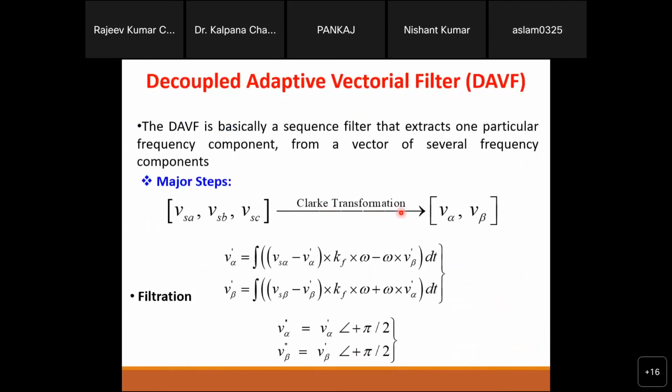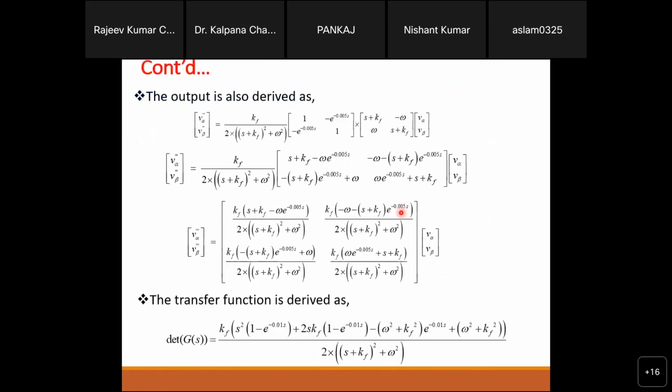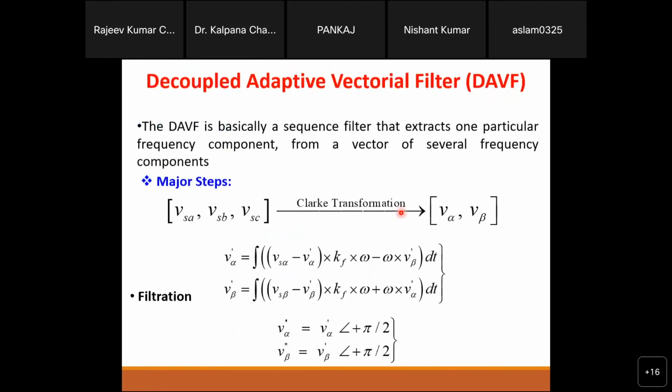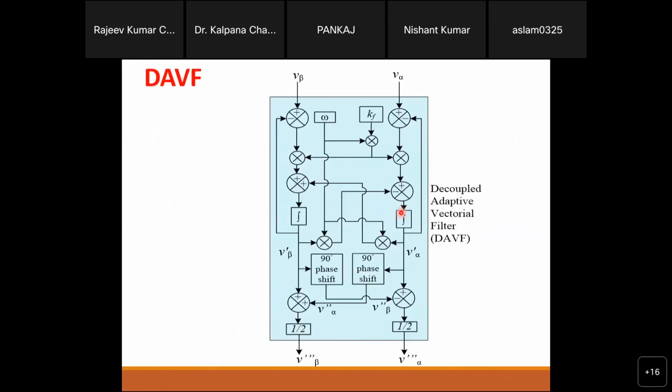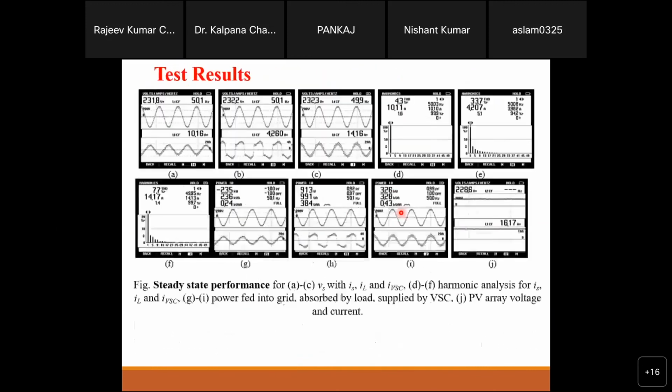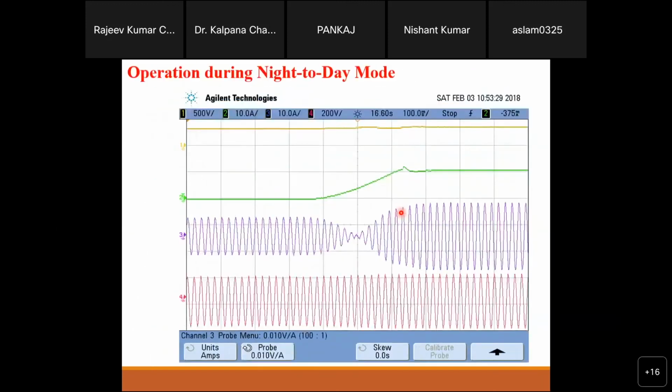This is good for the single-phase system. For the three-phase system, the previous one is okay. But in single phase, this is good. Definitely here you will face some delay, but through the decoupling we have tried to sort out those delay issues. But for the three phase, this will not work efficiently. So we can go for the second one also.